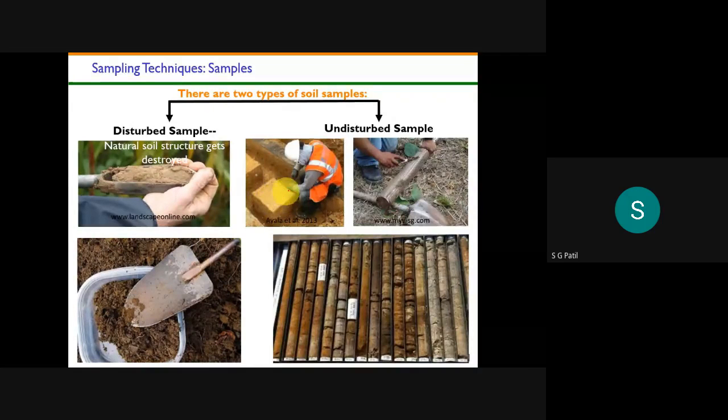This is called a block sample, and these are called tubular samples.